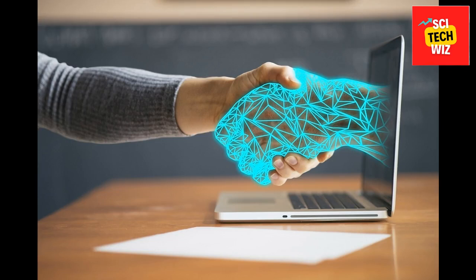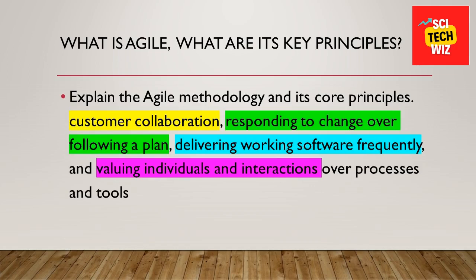Let us go to the topic directly. Number 1. What is Agile and what are its key principles? This is the first or basic question interviewers ask Agile Scrum Masters. We will have a detailed explanation in some other video, but here I'll give you a short version.